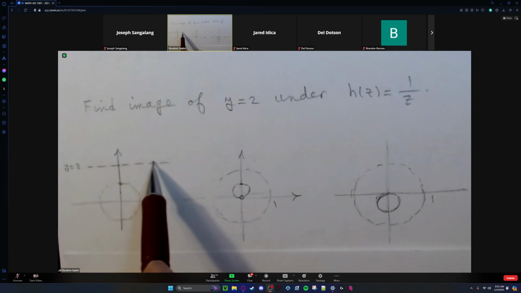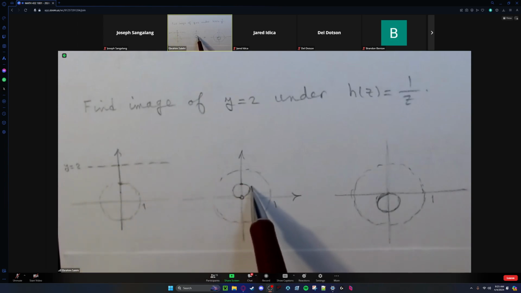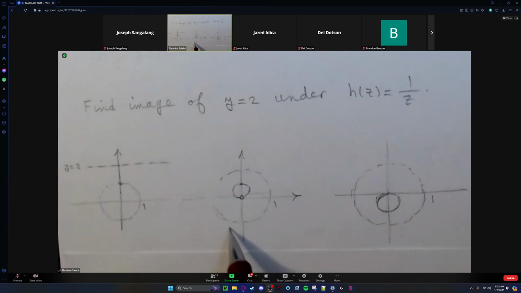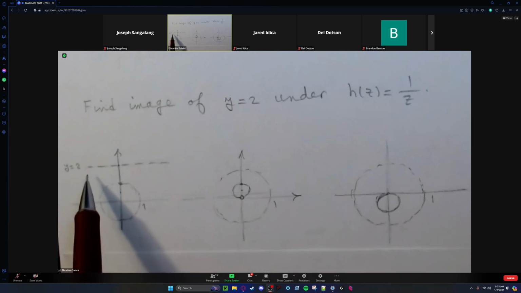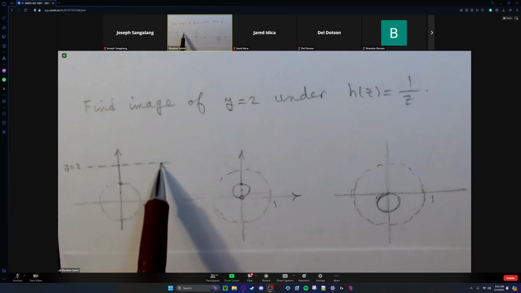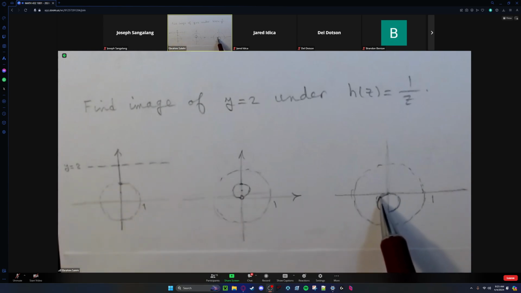Inversion of this line will be this circle. And this is the unit circle, right? This circle is the circle of radius 1/4. Then conjugation brings it back. So here is what 1 over z does to y equals 2. This y equals 2 becomes this circle.